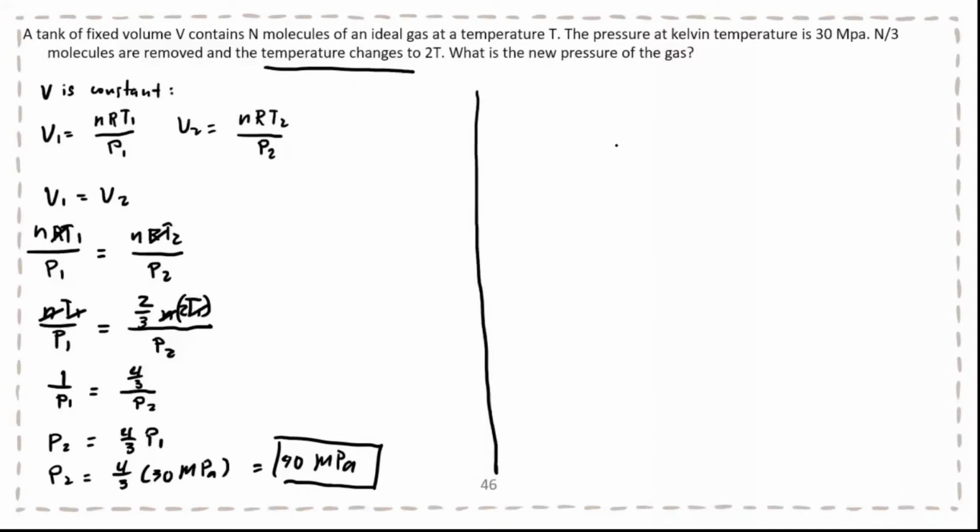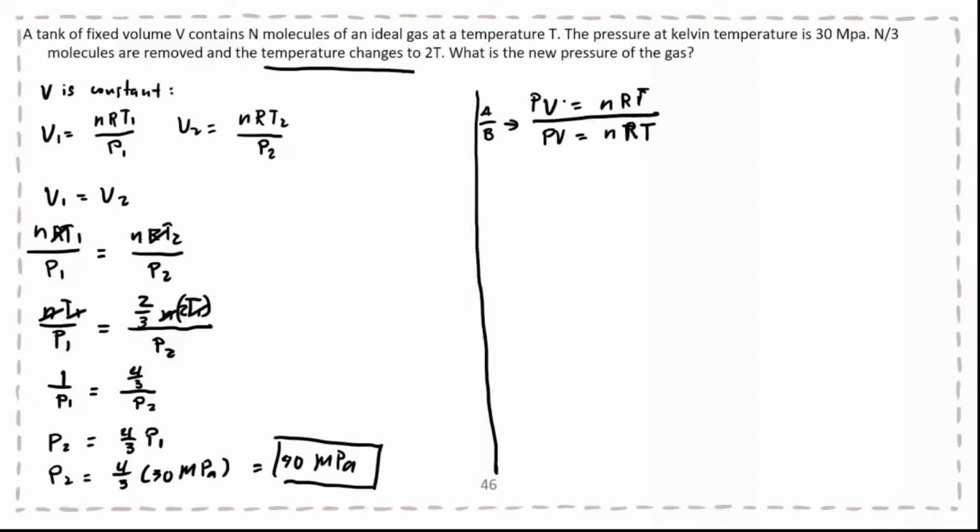Now, we calculate it gamit yung ating way na PV is equal to nRT, assuming this is A over B.